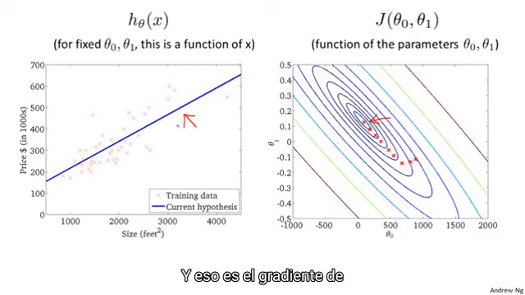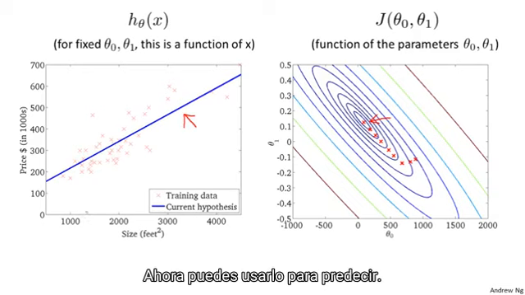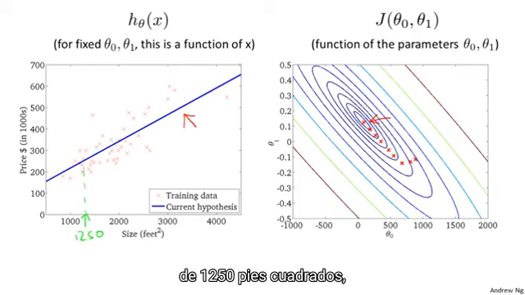So that's gradient descent, and we've just run it and gotten a good fit to my data set of housing prices. You can now use it to predict: if your friend has a house of size 1250 square feet, you can read off the value and tell them that maybe they can get $250,000 for their house.